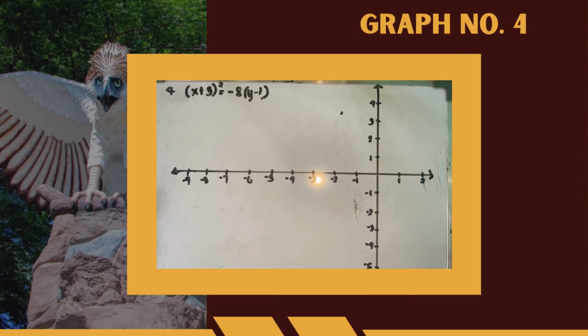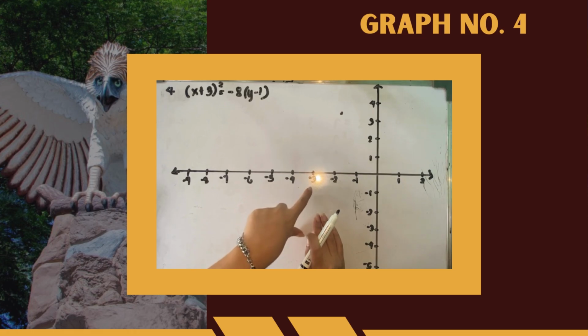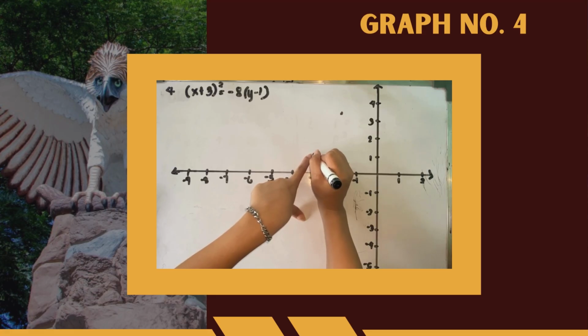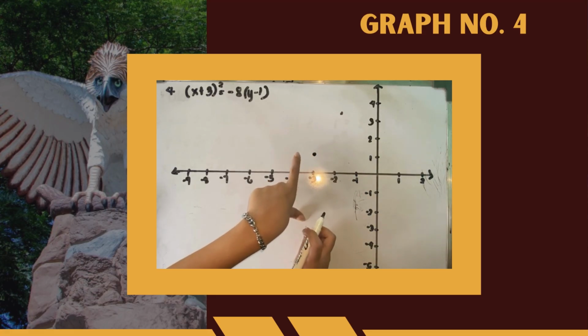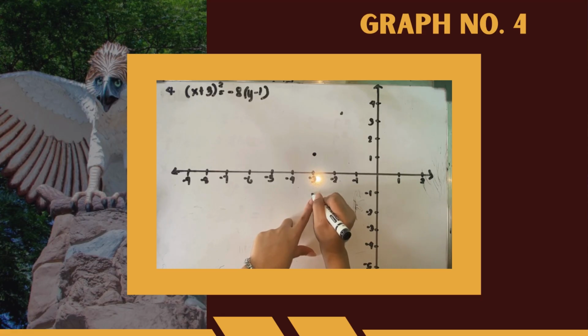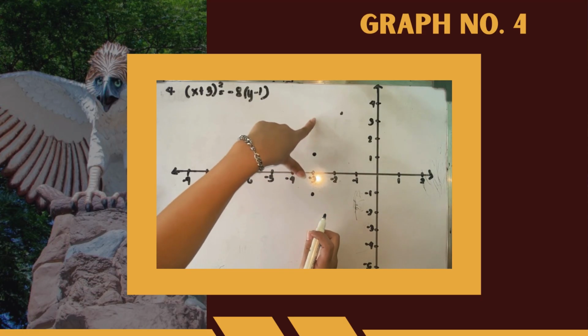And now let's graph number 4. (x + 3)^2 = -8(y - 1). Our vertex is (-3, 1), so here. Our focus is (-3, -1), so here. And our directrix is y = 3, so here.